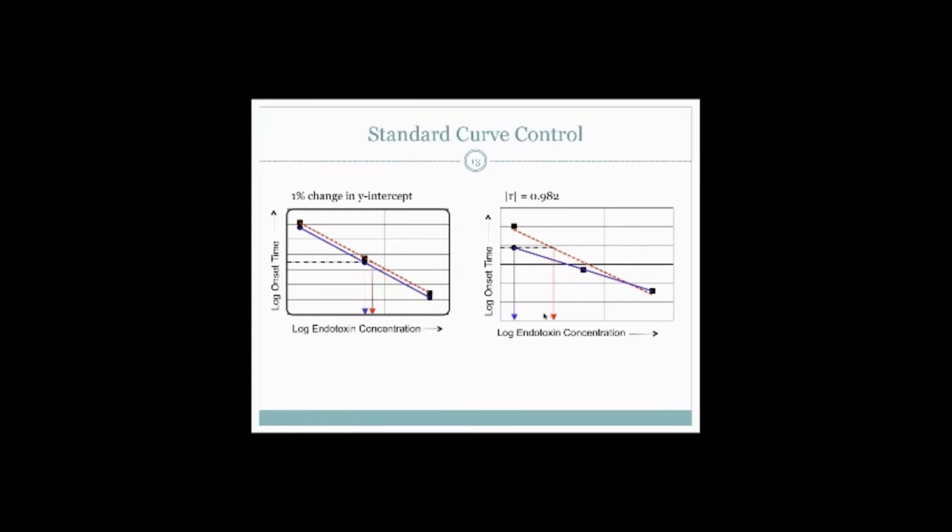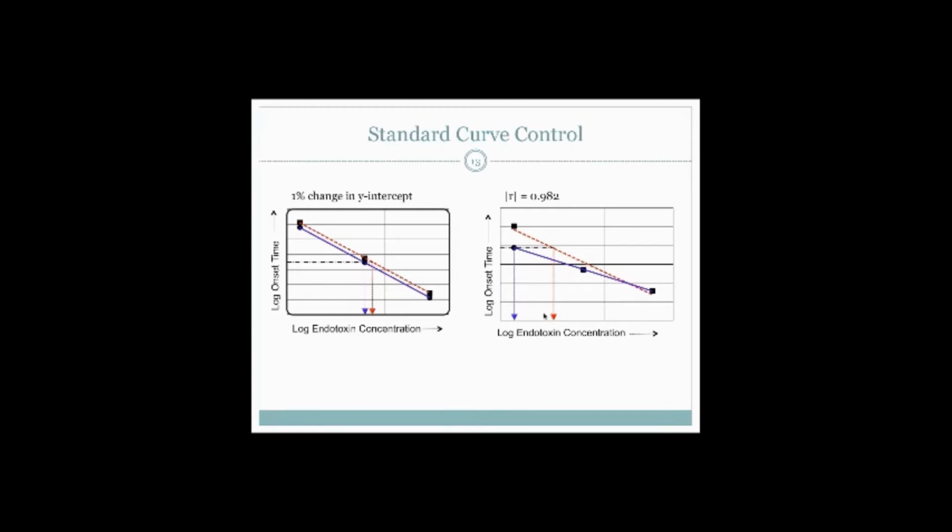So the requirement here is that we manage the standard curve. Keep an eye on the onset times. If the onset times start to shift, that means your standard curve is starting to shift and you may need to make adjustments. Maybe your endotoxin, if you're storing your standards, is beyond its date. There's all kinds of reasons. It might be analyst error.